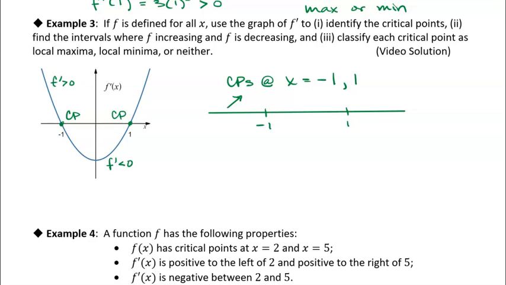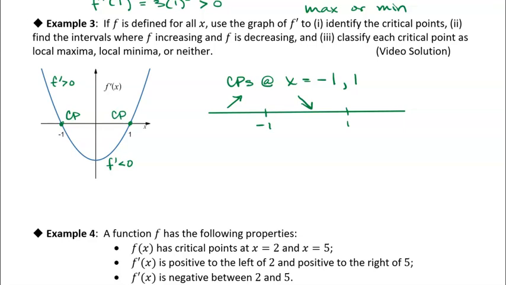This is the graph of the derivative, so the y values are the values of the derivative. So these y values are negative, which means the derivative of the original function is negative. Okay, so if it's negative, then the original function is decreasing. So I'm going to draw a little arrow with a negative slope.